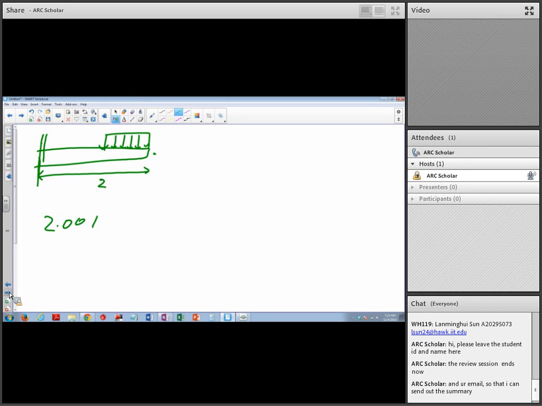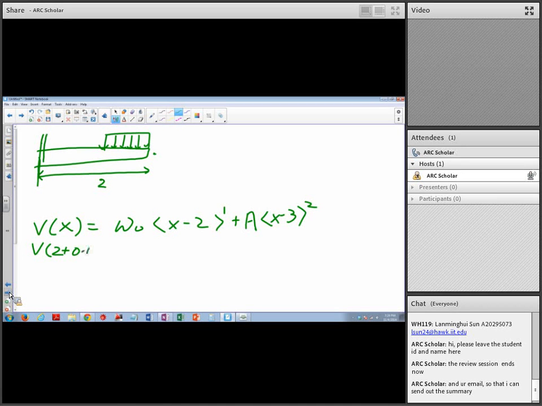So you need to bring this in. Let's say my equation has x minus 2. Let's say I'm coming off this point, 2 plus 0.1. There is no shear force here, so the shear force is going to be 0.